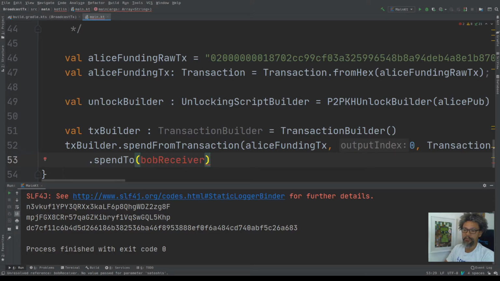Let me call it Bob locking builder, because it more accurately represents what it actually is. And how many Satoshis are we going to send to Bob? Let's send Bob 10,000 Satoshis.